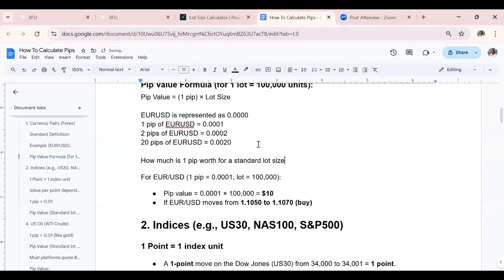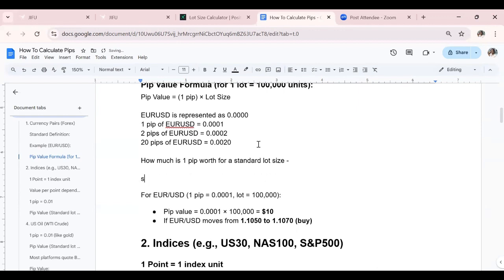Now, standard lot size, we represent it as 1.0. Standard lot size is 1.